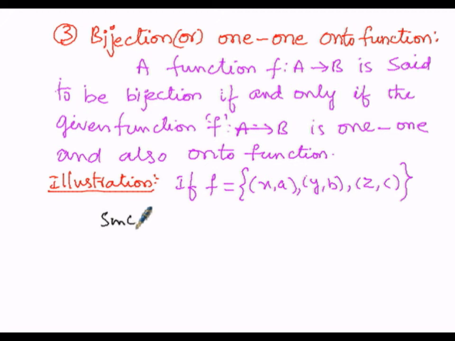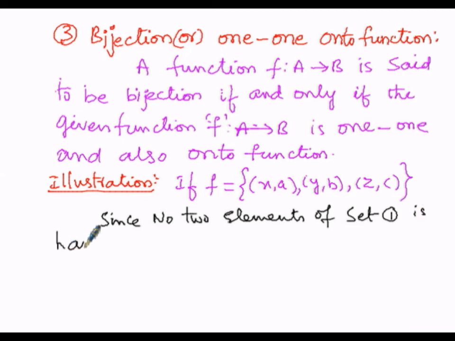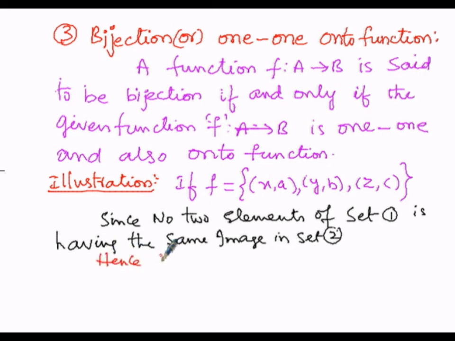Since no two elements of set 1 have the same image in set 2, that is set B, hence f equals the set consisting of x comma a, y comma b, z comma c is a one to one function.